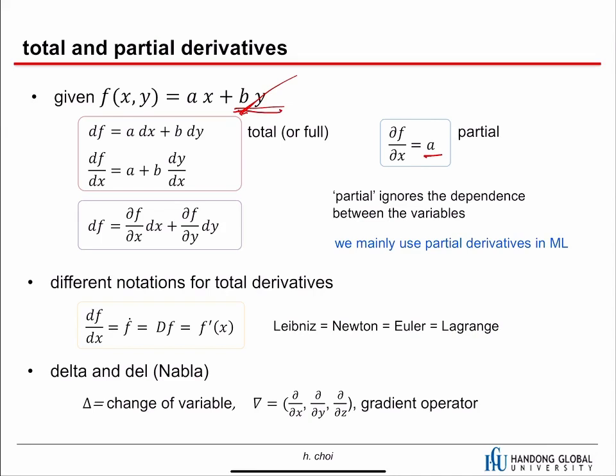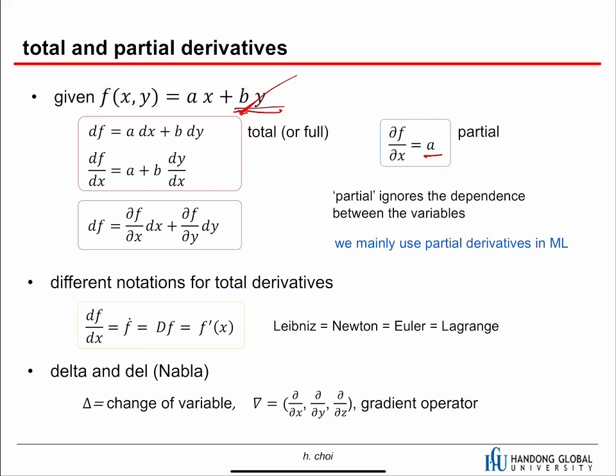It's quite simple. And in neural networks, we use lots of derivatives, and in that case, we just use partial derivatives. So if you get confused in machine learning, we don't use total derivatives that much, especially in neural networks. Most of the time, we use partial derivatives.